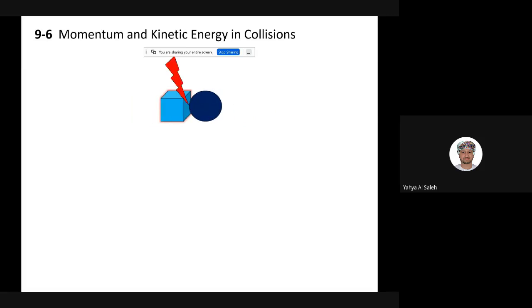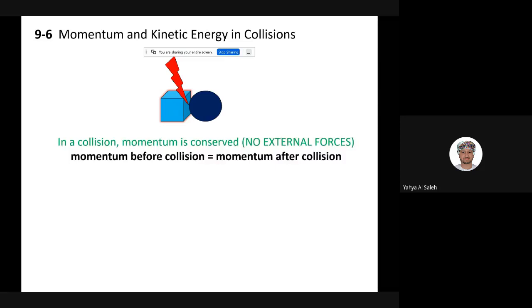Well, turns out when we have a collision between two objects, there are two things that we have studied so far, which now we need to bring together: momentum and kinetic energy. In a collision, momentum is conserved. We don't have an external force.